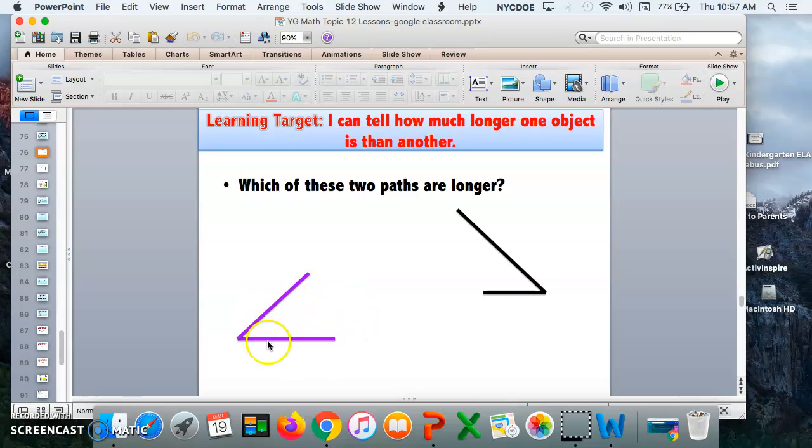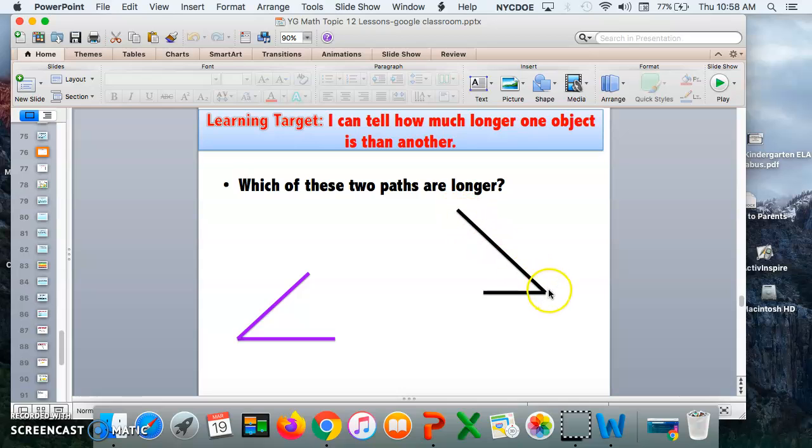So this first path is 6 centimeters long. You can make a note of that in your notebook. Now, let's look at the second path. Let's say this top part is maybe about 4 centimeters long, and this bottom part is maybe about 2 centimeters long.